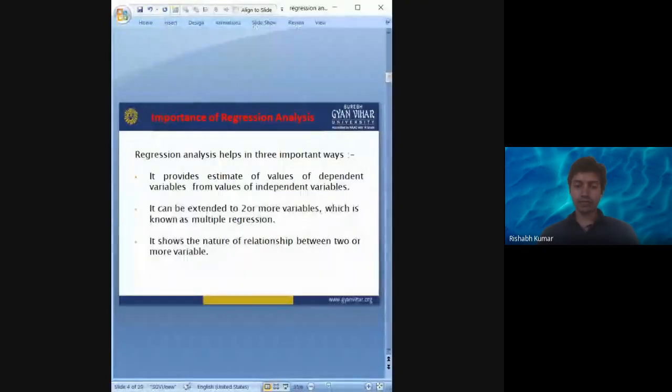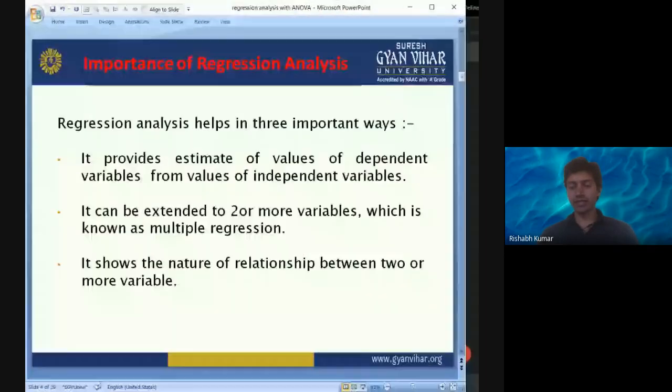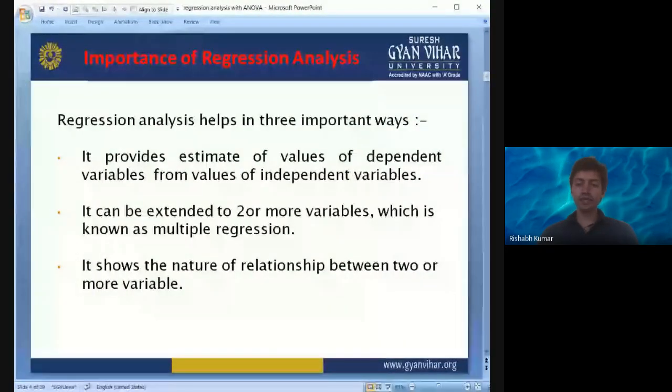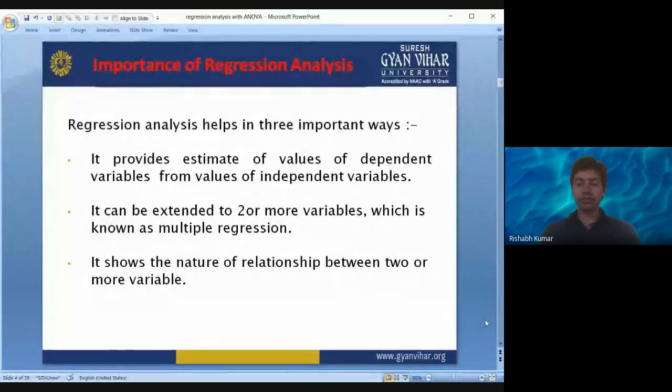Depending upon that trend, we can make a guess what sort of characteristics the rainfall data will have in future. How much rainfall can we expect in the future? Okay, so that is based on the regression analysis.